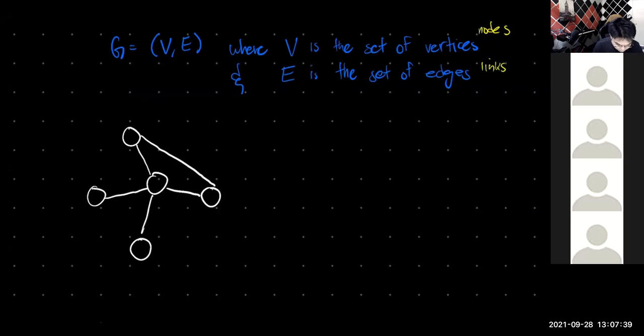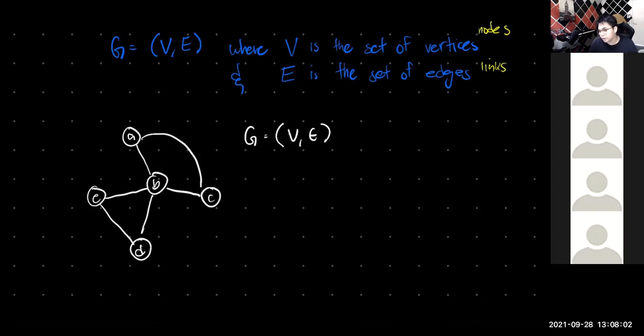Let's call this A, B, C, D, and E. So our graph here would be some graph G, and we define the V set and the E set, the vertex and edge sets.